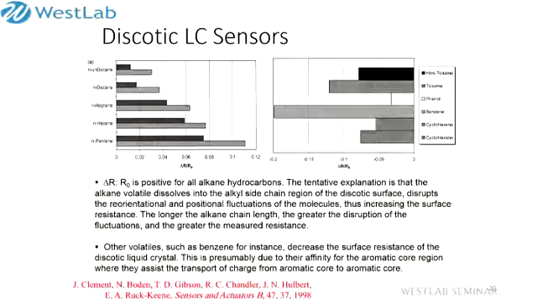The tentative explanation is that the alkane vapor dissolves in the alkyl side chain region of the discotic surface. This disrupts the rotational and positional order of the molecules, thus increasing the surface resistance. The longer the alkyl chain length, the greater the disruption of the fluctuations and the greater the measured resistance.